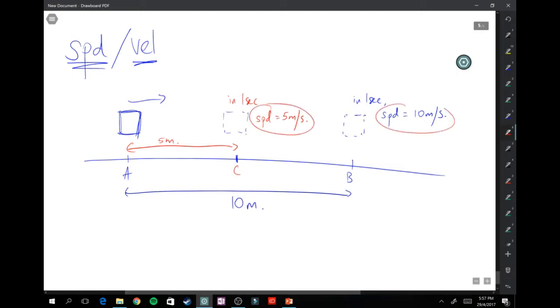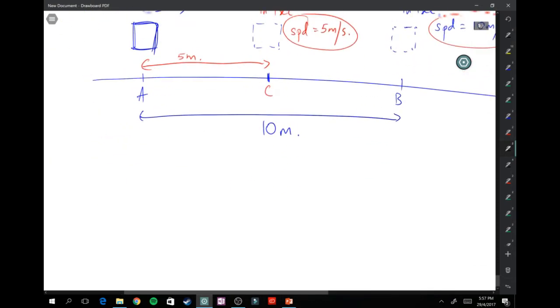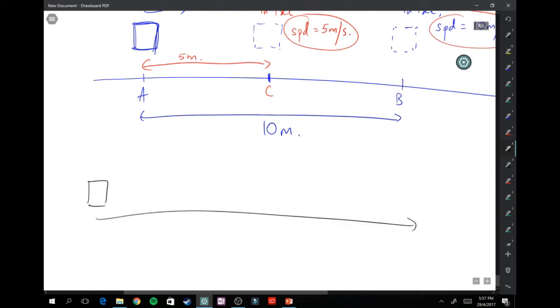Now please do not confuse speed and acceleration, because as mentioned in class, what is acceleration? If I have a box that's moving here, and in 1 second it moved 2 meters, but in the next 1 second it actually moved more than 2 meters.